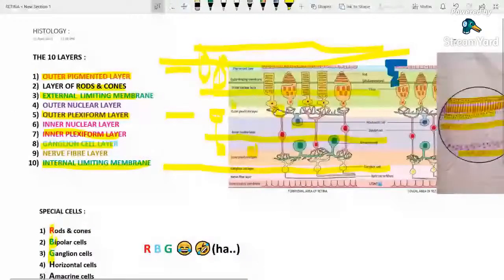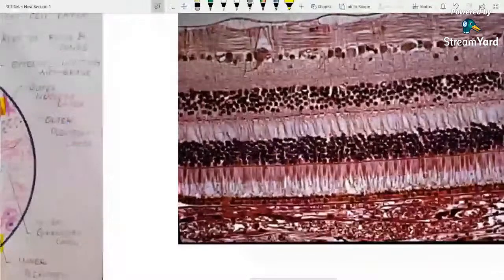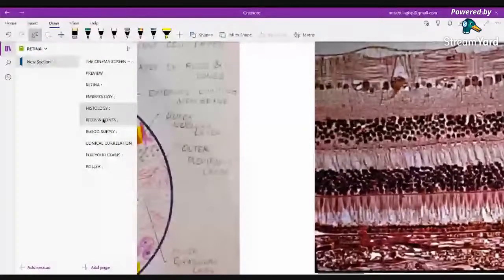You might see these in your lab. This is the peripheral zone, not the foveal zone. We are showing the cross section of the peripheral zone, and we are seeing the H&E stained picture of that. All right, so that's about the histology, and we're now moving on to the rods and cones.